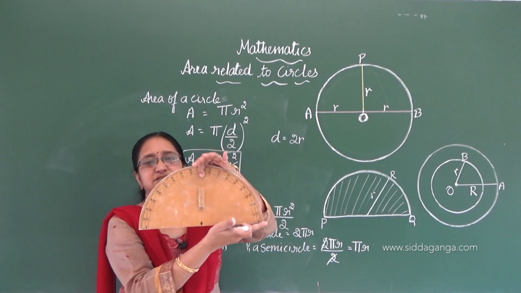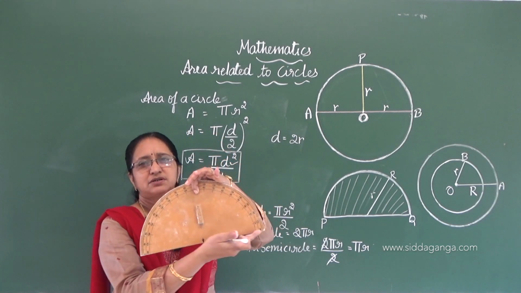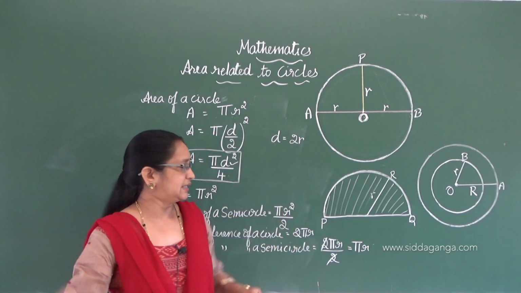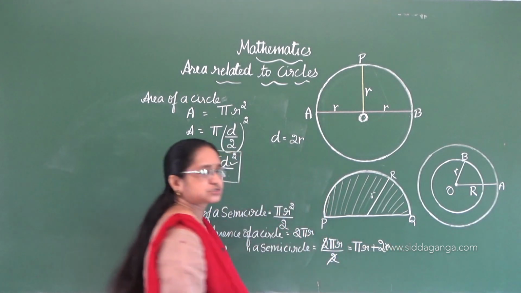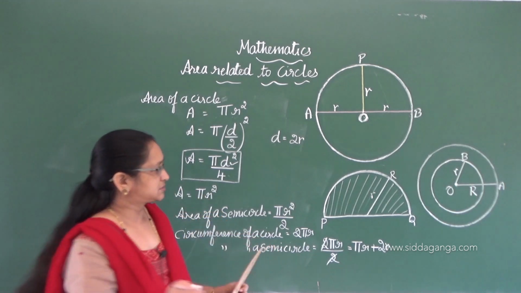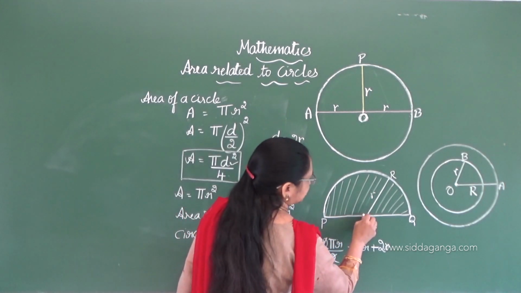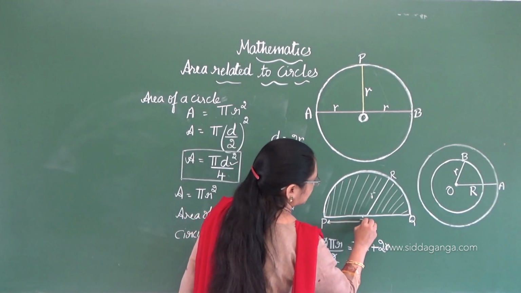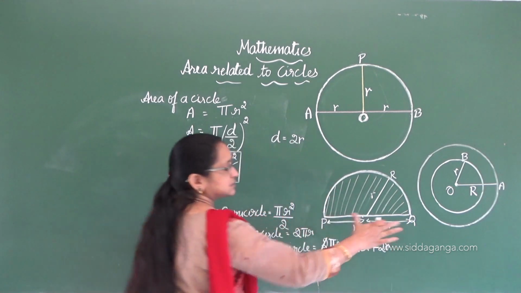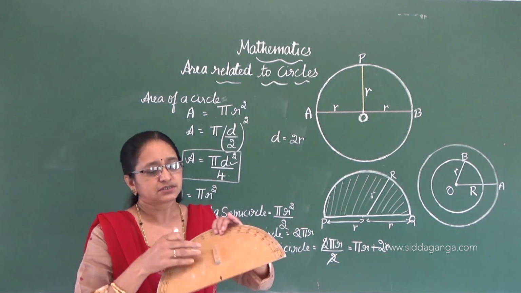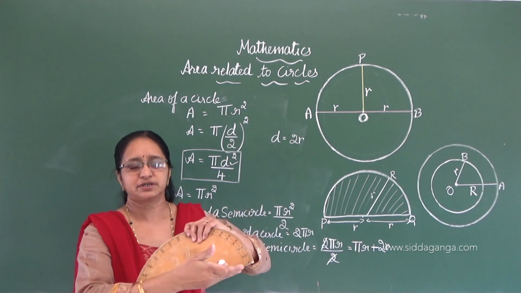Suppose if I add this also, the side of this protractor, then I have to add 2r. I hope you understood why I have added 2r. See here, this is the center, so here again r and r. So 2r, that is the diameter, we can say this is the diameter of the circle.